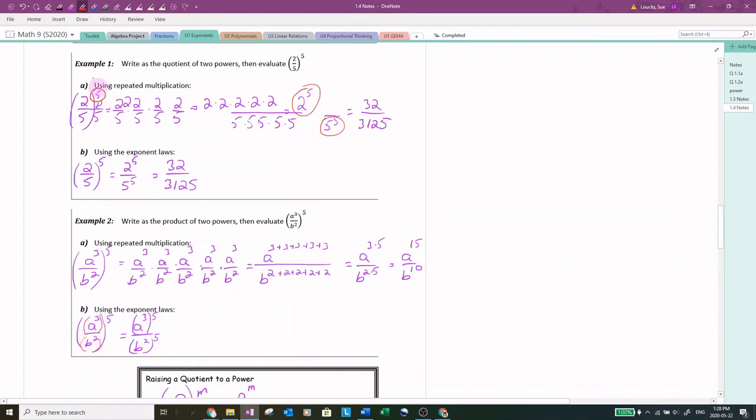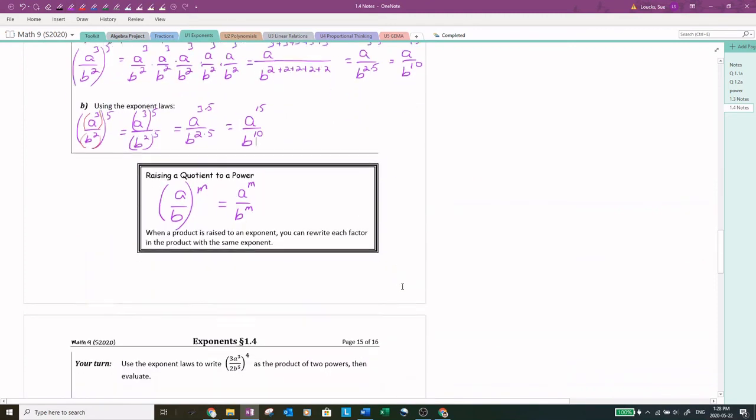So putting the brackets here can help you, especially if there's negatives, clarify what's going on. So this becomes a to the 3 times 5 over b to the 2 times 5, or a to the 15 over b to the 10. So I don't know about you, but I found using the exponent laws a whole lot easier than writing it out the long way. All right, let's do one more example.